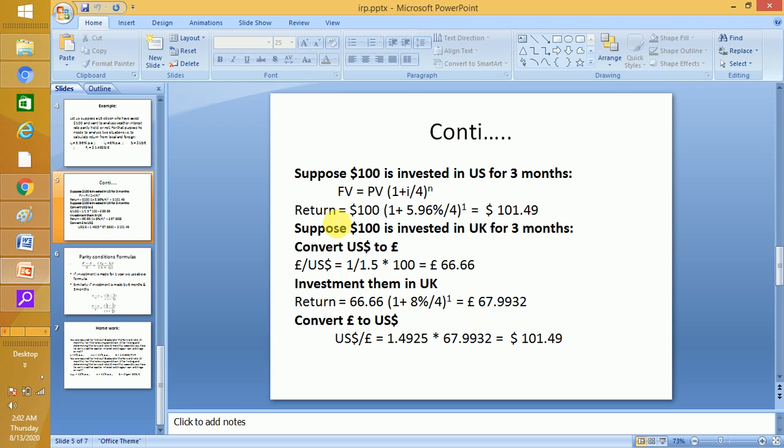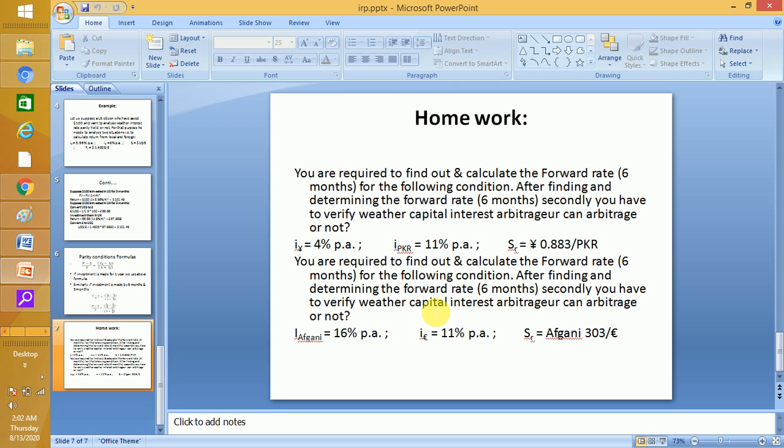You will just calculate the future value. First the future value for one country, then you will convert currency to euros. You will calculate the future value for Afghanis, then you will calculate the future value for euros, just like this. So then you will get your answer. Similarly, you will solve this question.